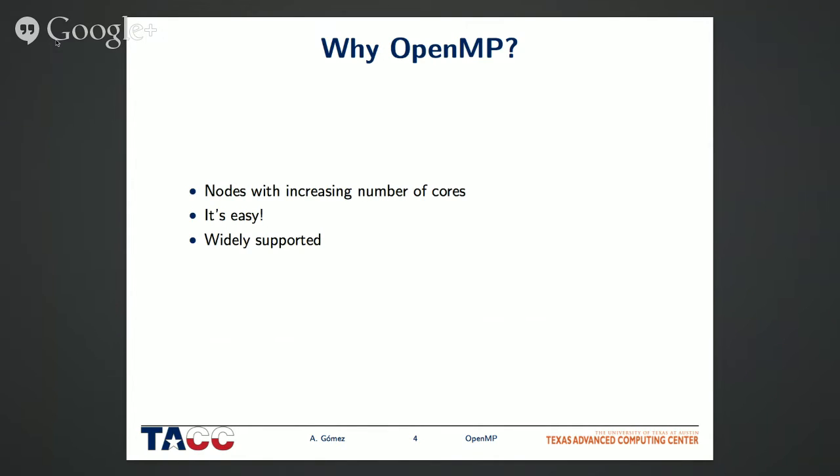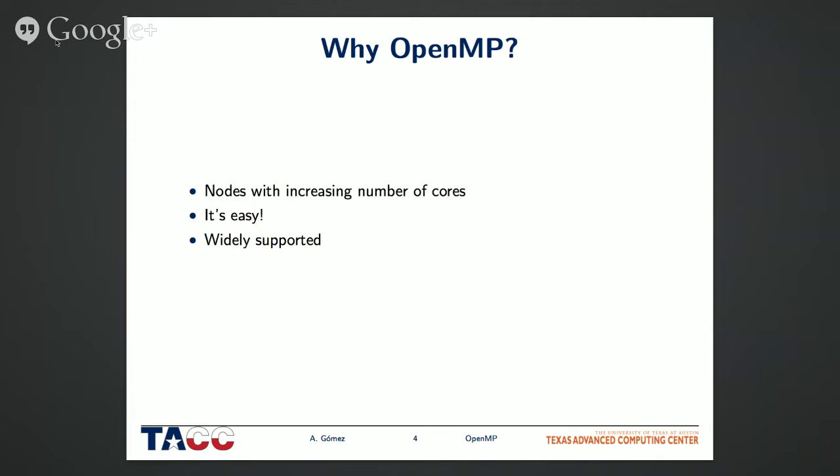So the reason for using OpenMP, well, as I said before, we have multi-core machines. If you just run your code without using OpenMP or any other parallelization technique, you're just going to use one core. So you want to use all of them if possible, right? So OpenMP is very useful for that. Second point is that OpenMP is very easy.